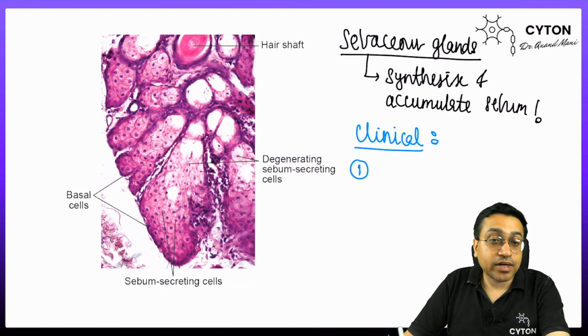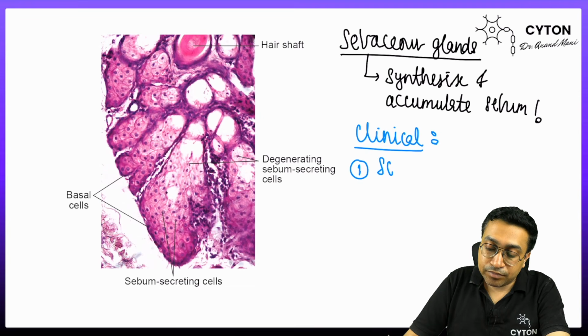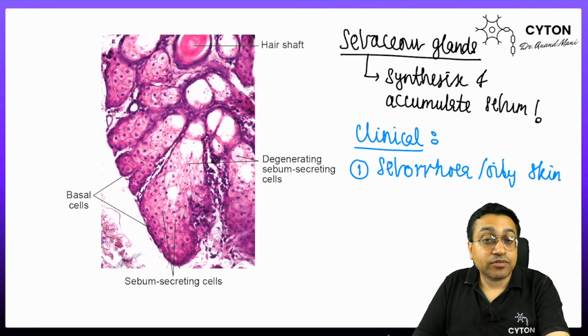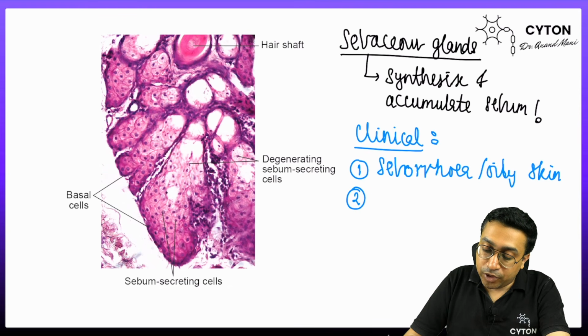Number one, that is the seborrhea, or I can say oily skin. Okay, overactive sebaceous glands which produce excessive sebum. Number two, acne.